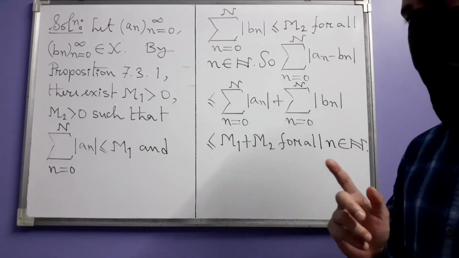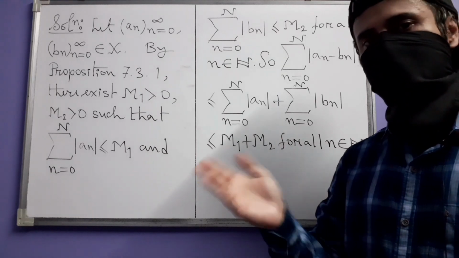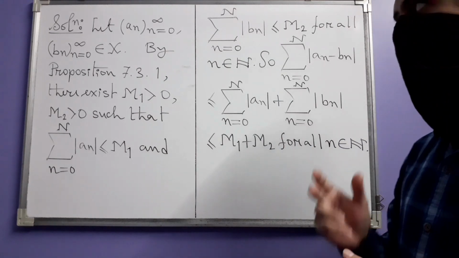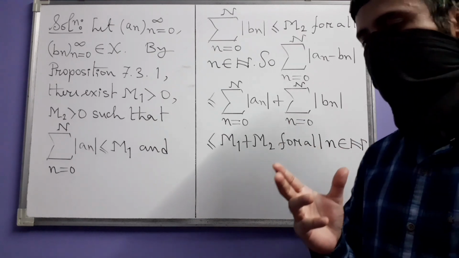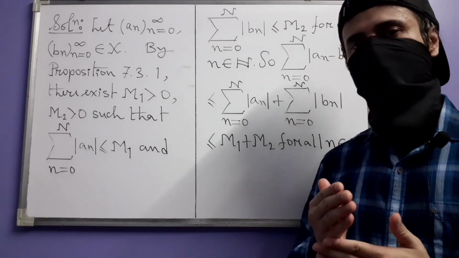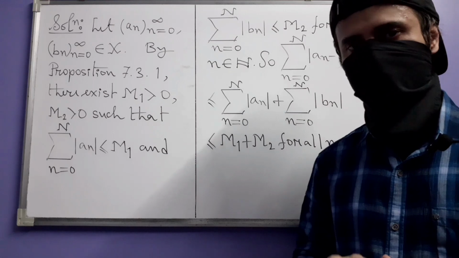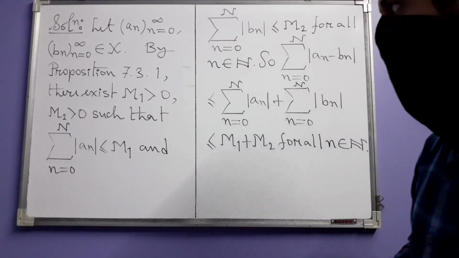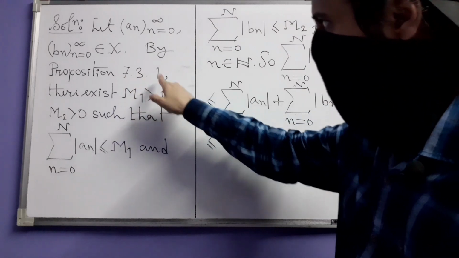So now you recall a result about the convergence of such series. Such series are convergent if and only if the sequence of the partial sums of any such series is bounded from above. And that result is proposition 7.3.1.